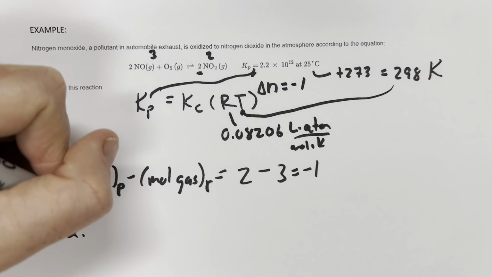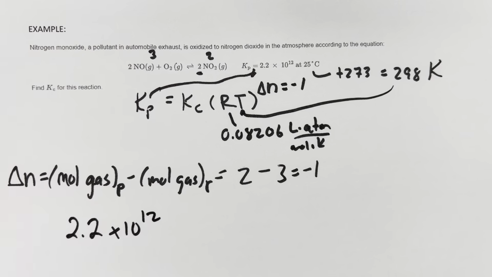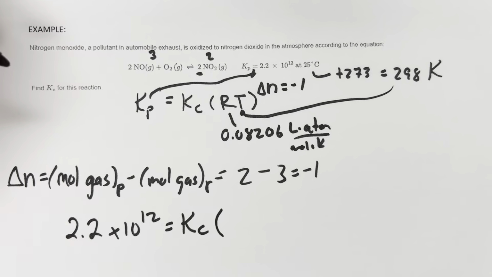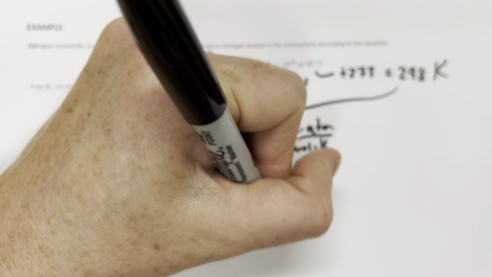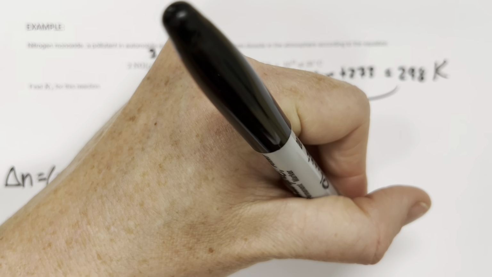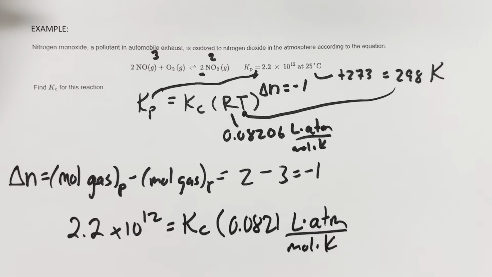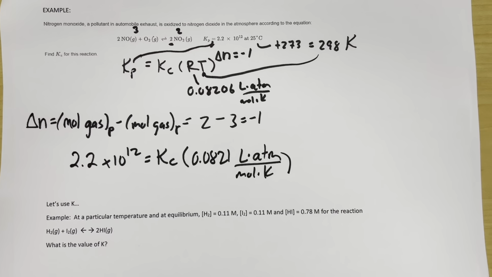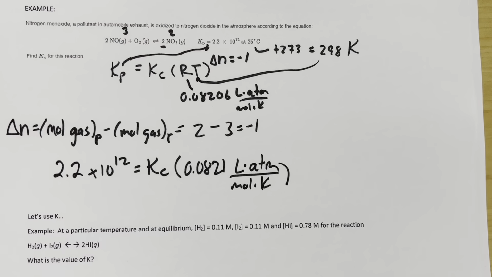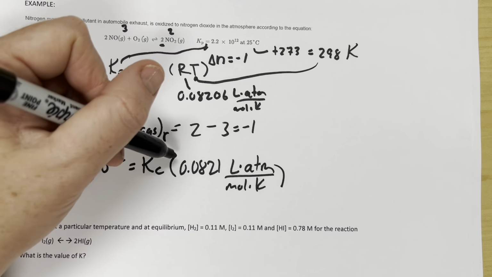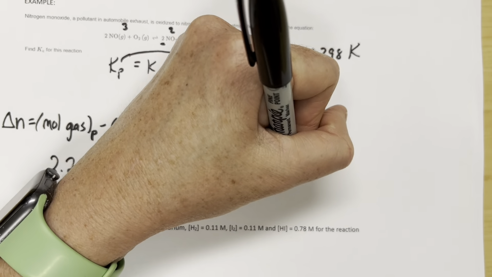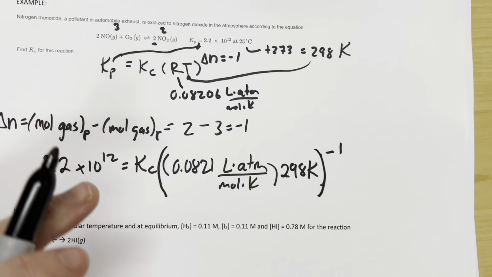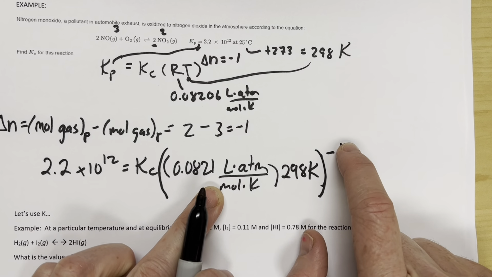Our Kp is 2.2 times 10 to the 12, and I'm setting that equal to Kc times 0.0821 liters atm over mole Kelvin, times our temperature, 298 K, all raised to the negative 1 power. So this times this, all raised to the negative 1 power.